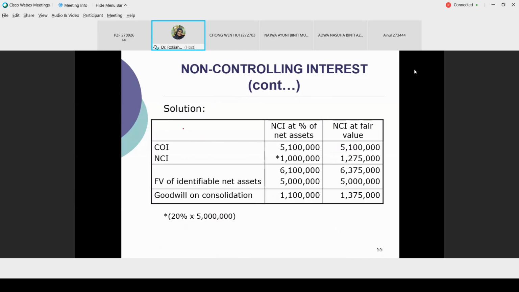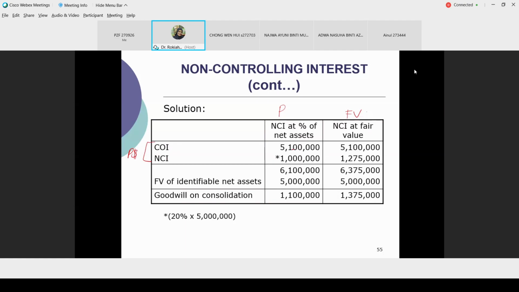Okay, so this is what you have to calculate goodwill. To calculate goodwill, the first method is the proportionate method, and the second method is the fair value method. This is to measure the NCI. We look at the proportionate method first. The COI is to find the purchase price, which is the combination of COI and NCI.